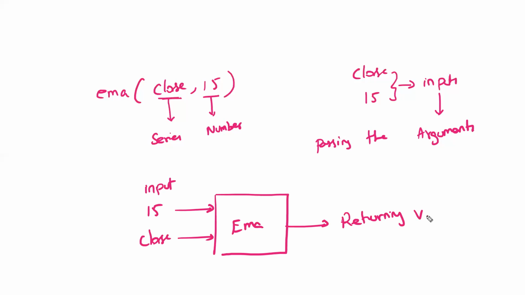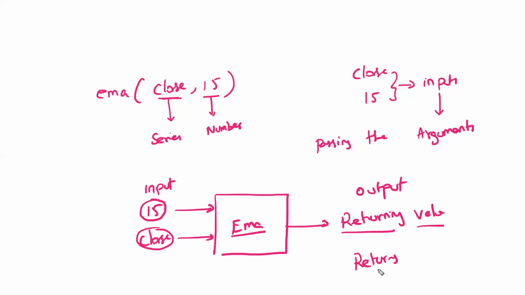In simple terms, it is the output of the function. For computing EMA, I need the closing value and the length of the period. I pass them inside this function, the computation happens, and the output of the calculation is what we call the returning value, or they simply say returns. This is not stock market returns; it is the output of the EMA function.